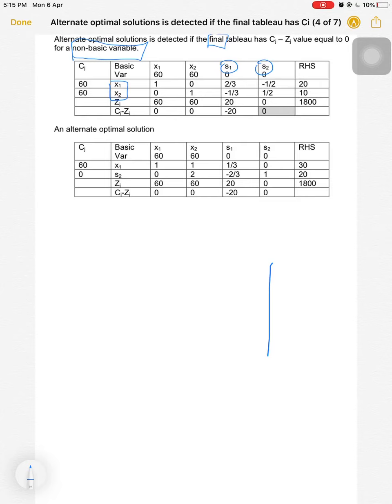Look at the Cj minus Zj values for the non-basic variables s1 and s2. Here 0 exists for a non-basic variable, so we can say the solution is an alternate optimal solution.